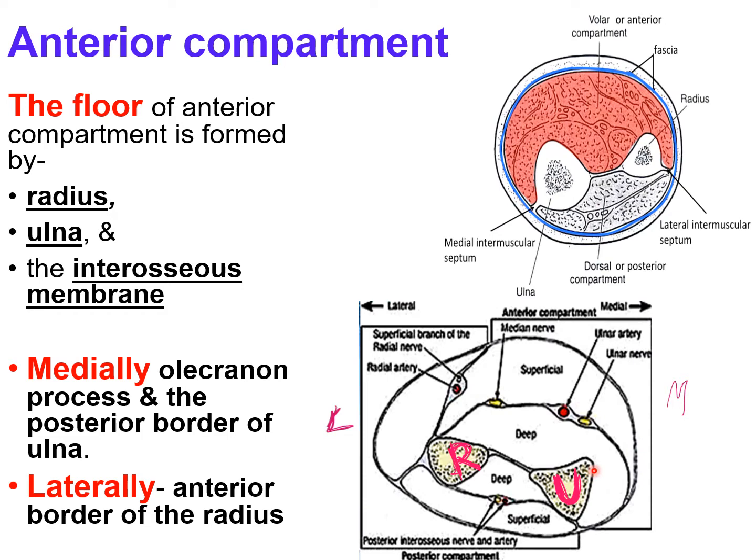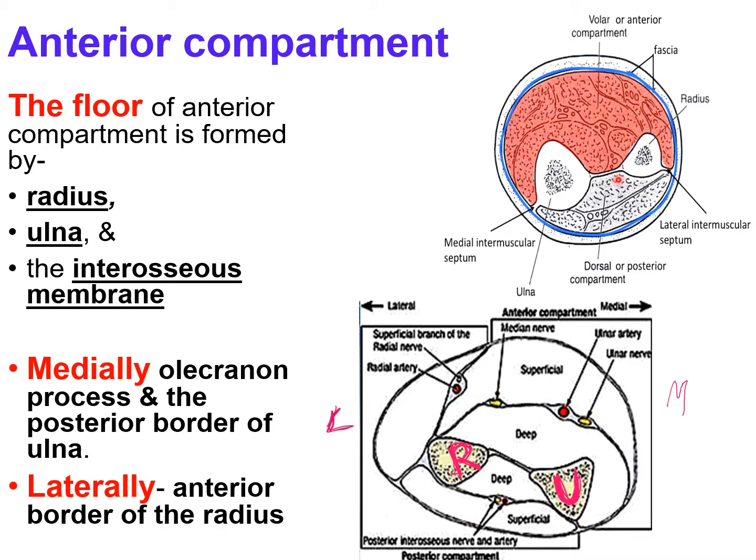Medially, it is separated from the posterior compartment by the olecranon process and the posterior border of the ulna, which gives attachment to the medial intermuscular septum, a modification of deep fascia. Laterally, the anterior border of the radius separates it from the extensor or posterior compartment.